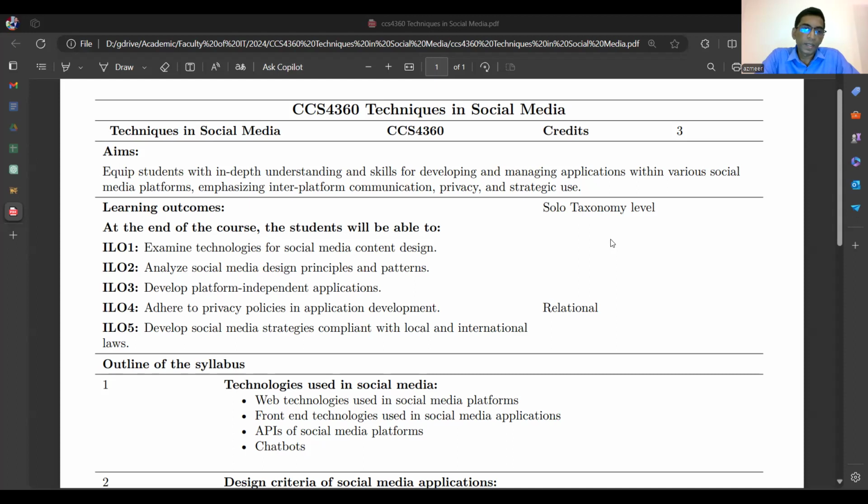And then number 3, develop platform independent applications. Now, this is about applications, okay? So how do you use social media platforms and integrate that into existing platforms, existing applications? A good example would be authentication. Now, this LMS, for example, you can log in using 2 ways, right?